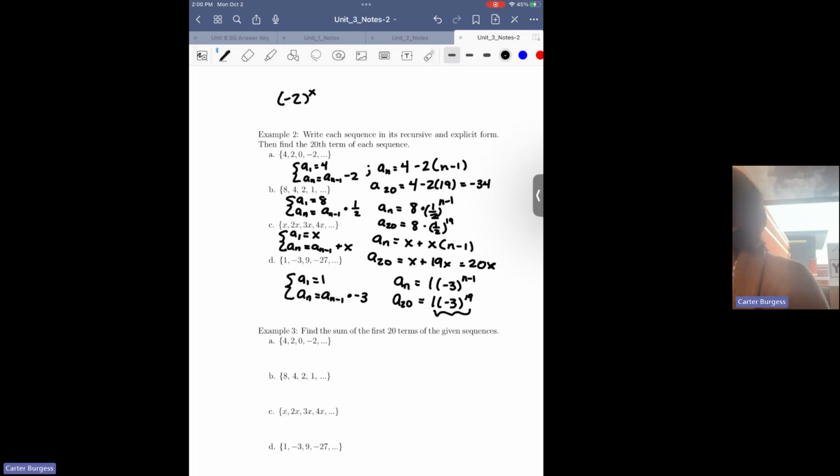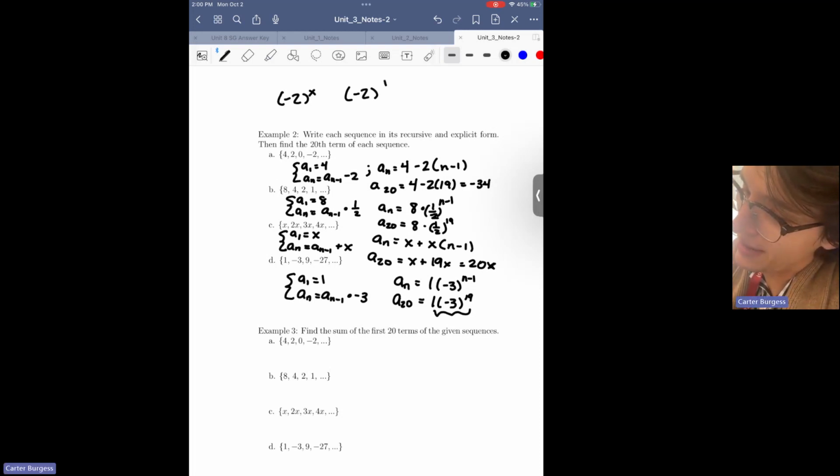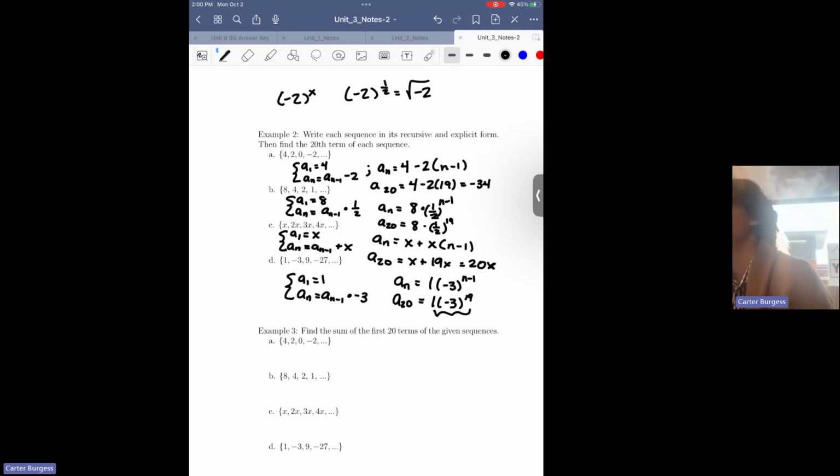Where do we run into problems? Fractions. Because what is negative 2 to the 1/2? The square root of negative 2. And am I allowed to take the square root of a negative? No. So I'm not allowed, if I have a negative base, to plug in fractions for my input.